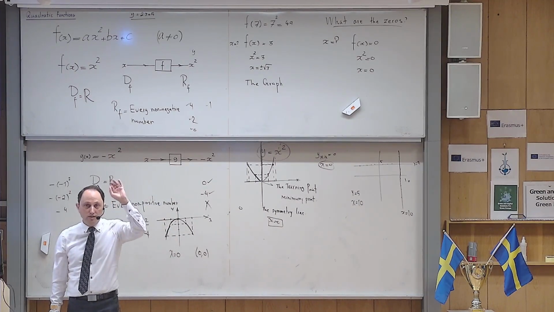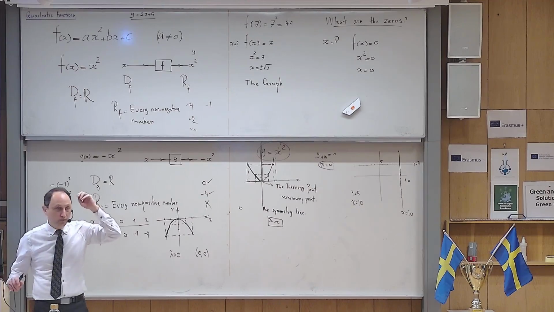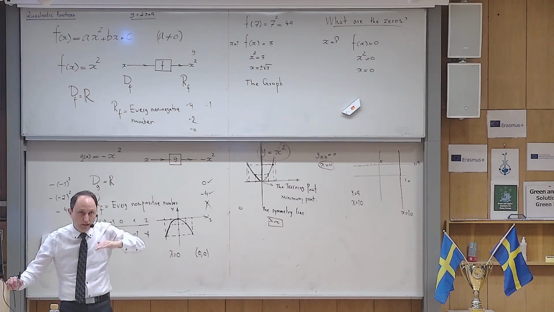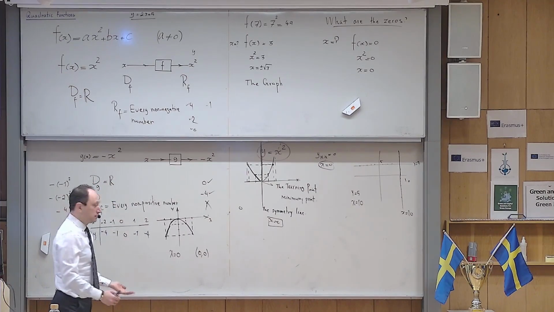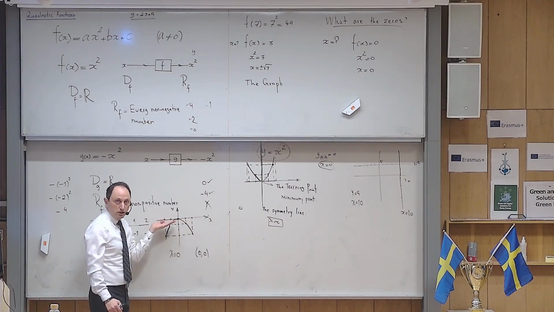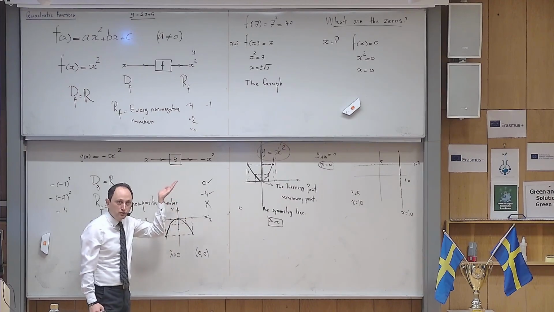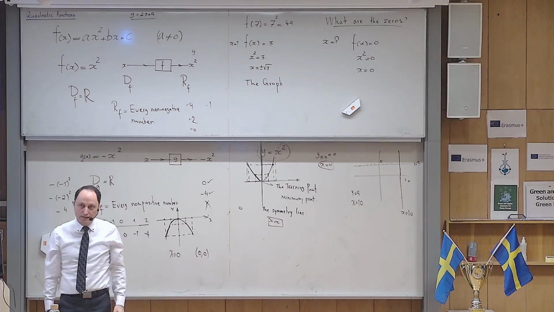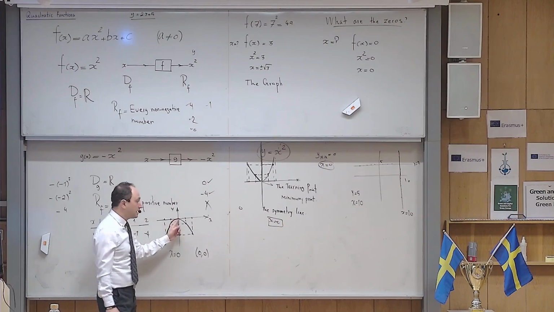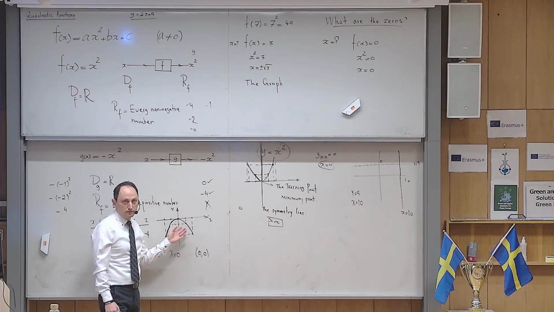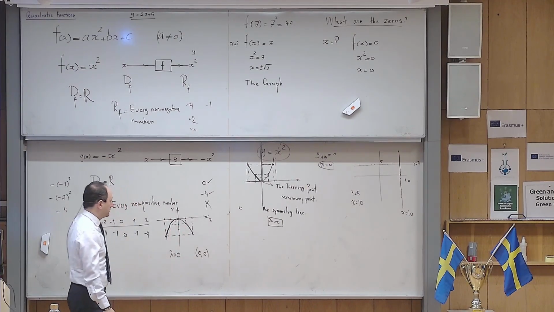When I talk about value, the highest value, what is the highest height? It is 0. I do not have something above 0. So the highest value is 0. It is achieved when x is also 0. Okay? So be careful about it.